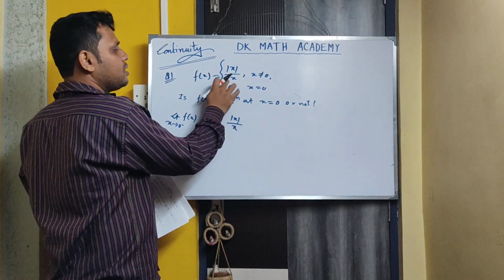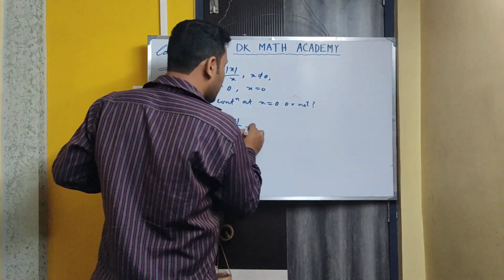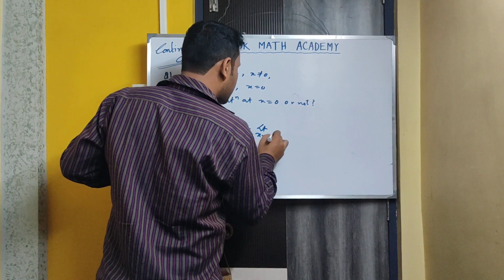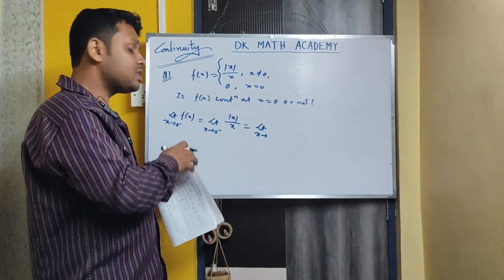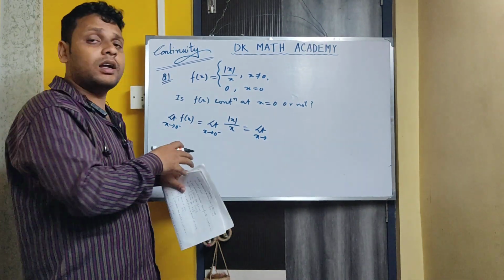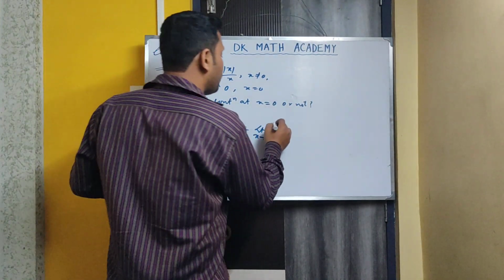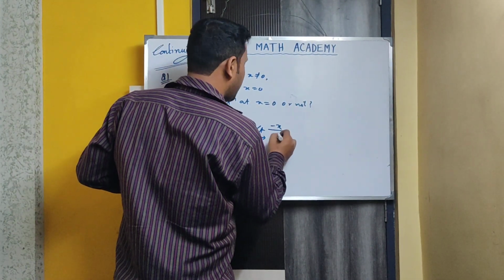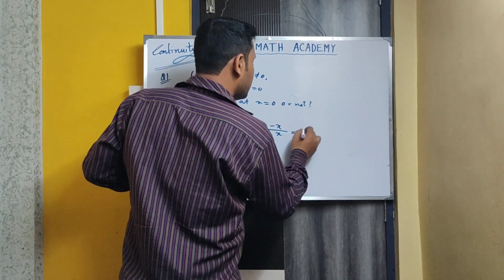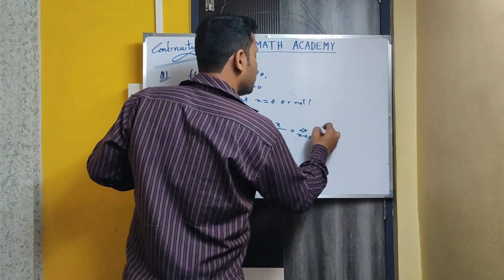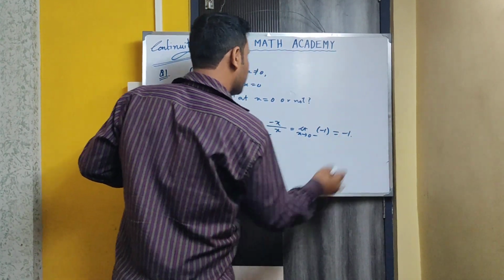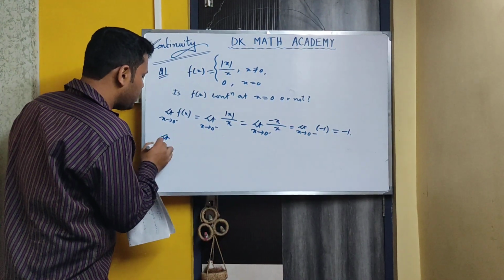Here, as x goes to 0 from the left side of 0, these x are negative, so |x| will give minus x. So here we have minus 1, so this is minus 1.